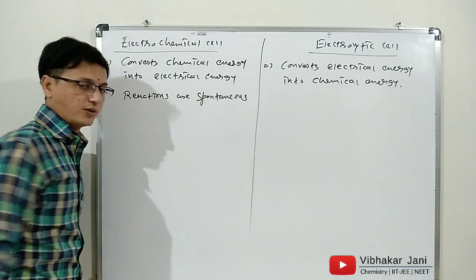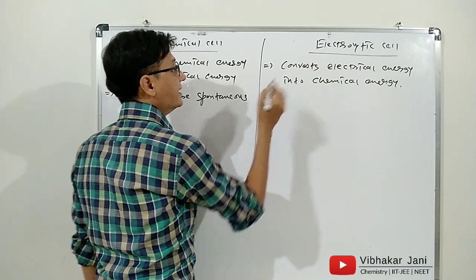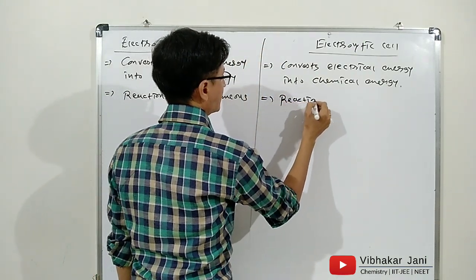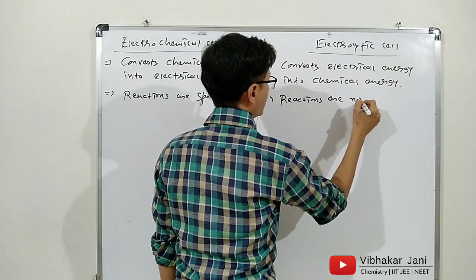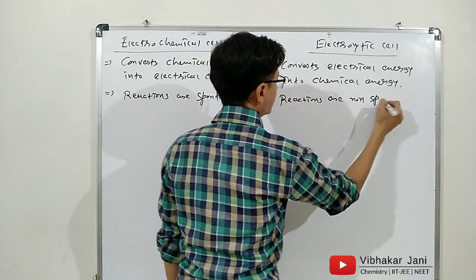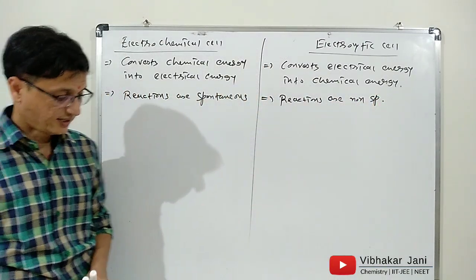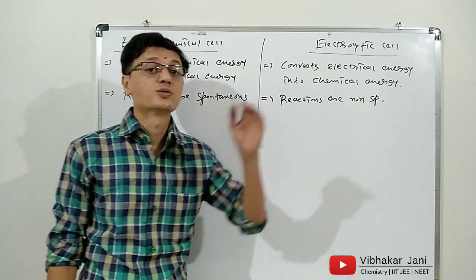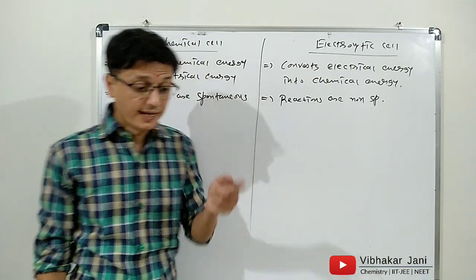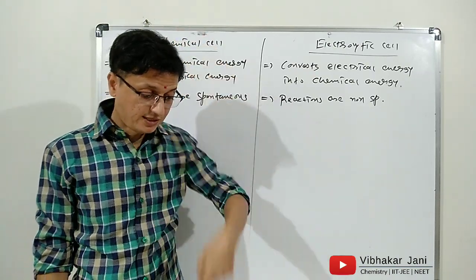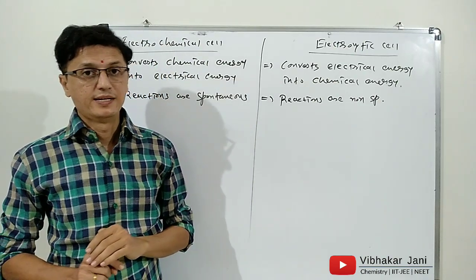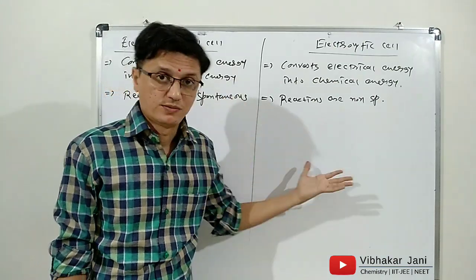Such reactions are known as spontaneous, and in electrolytic cells the reactions are non-spontaneous. That means these reactions cannot take place on their own. We have to introduce electricity into the cell, then after that the cell will start working. It will not work on its own.